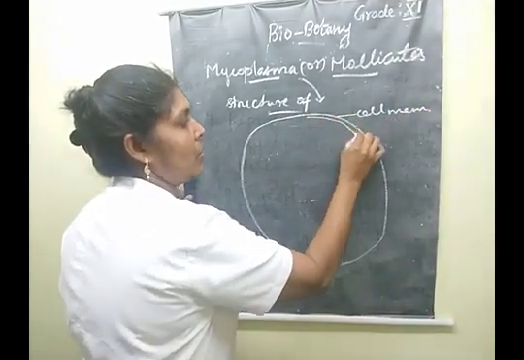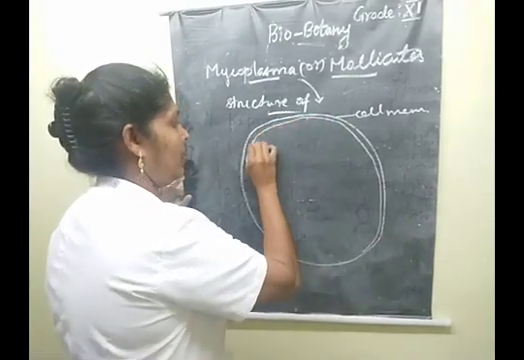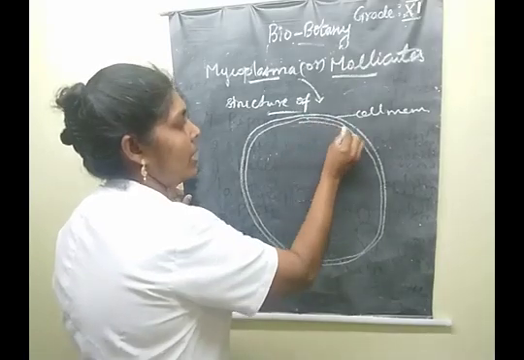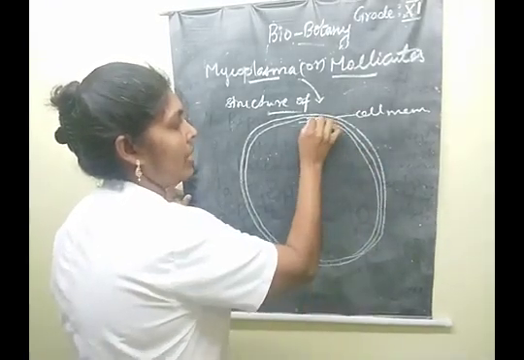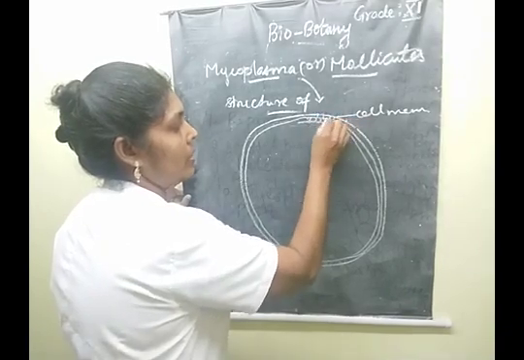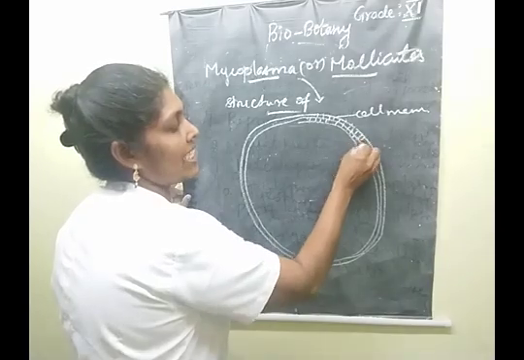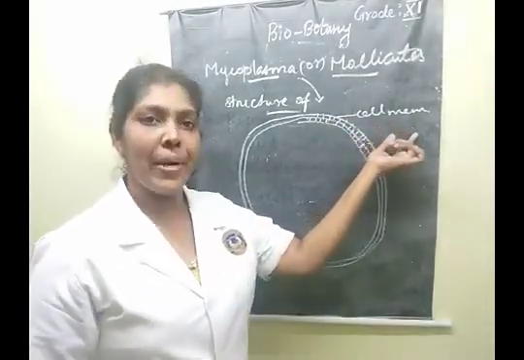You just draw structures like this, children. First draw the outermost layer, then fill it in like this. Very good. This is the cell membrane; fill it in completely. Clear? This is the cell membrane region.